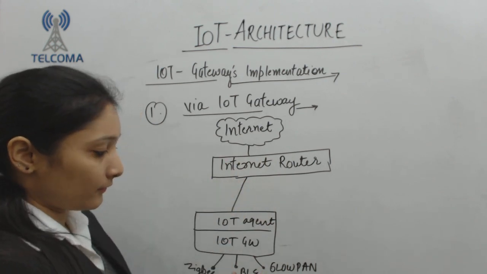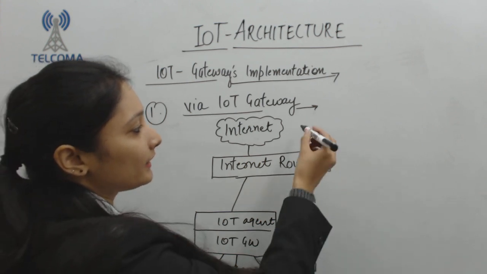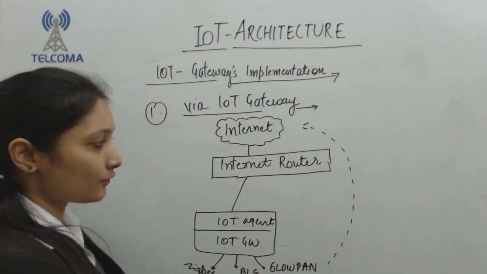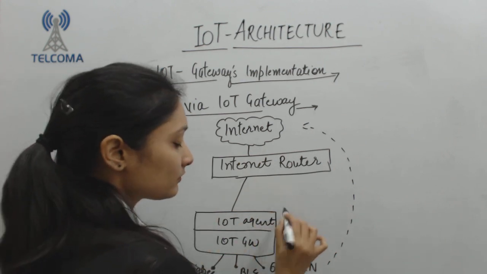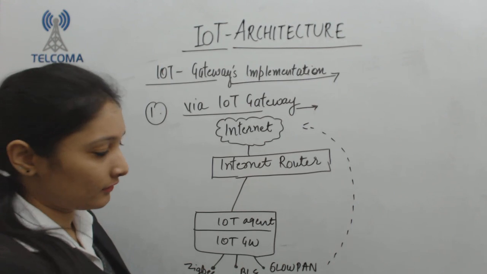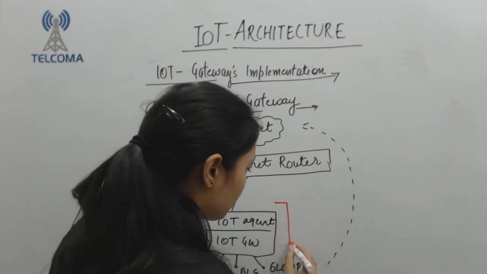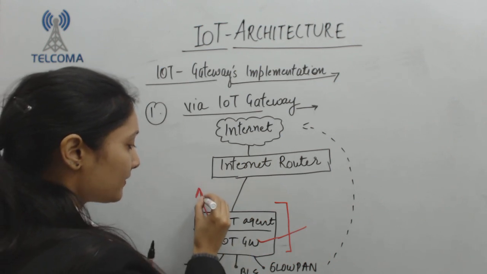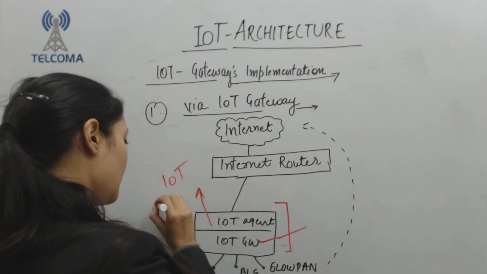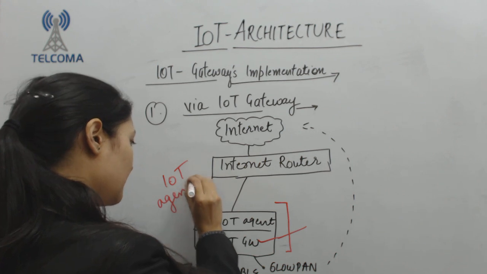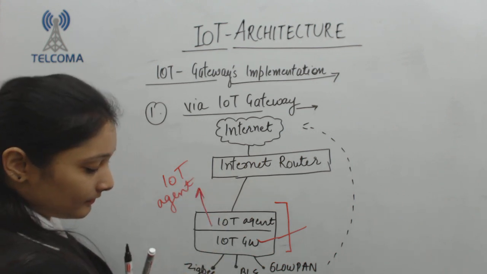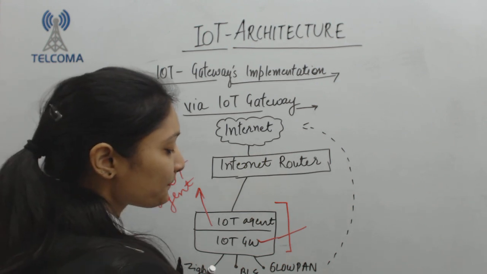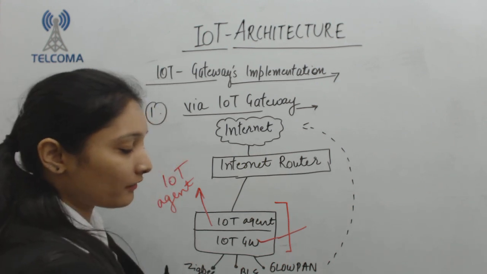These nodes are not directly connected to the internet. Rather, they are using the IoT gateway. Here an IoT agent is implemented, and this IoT agent communicates with the Zigbee node, BLE node, or IPv6 over low power node.